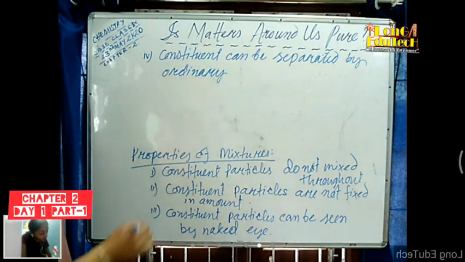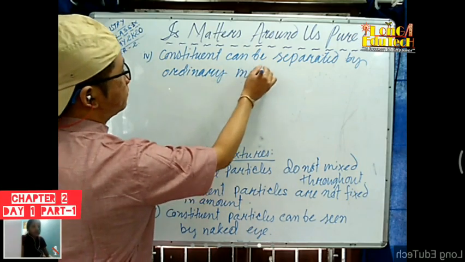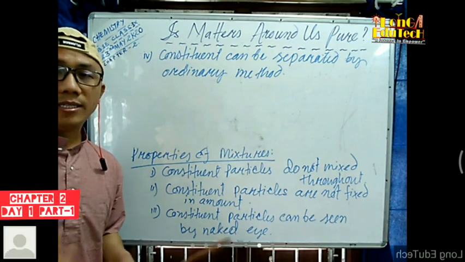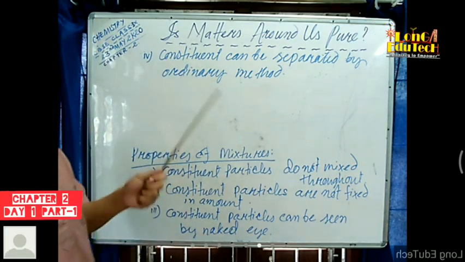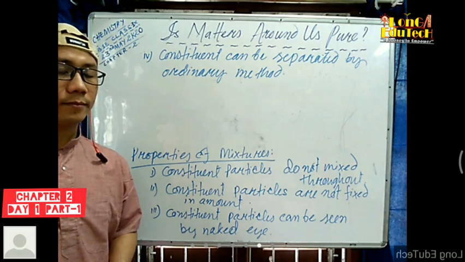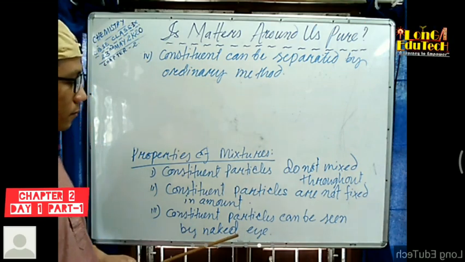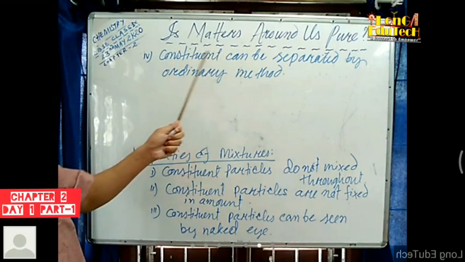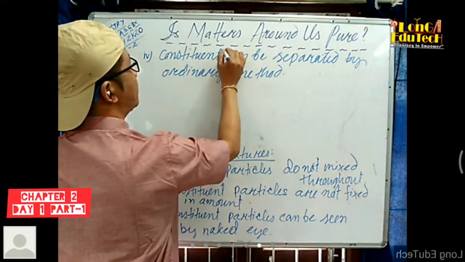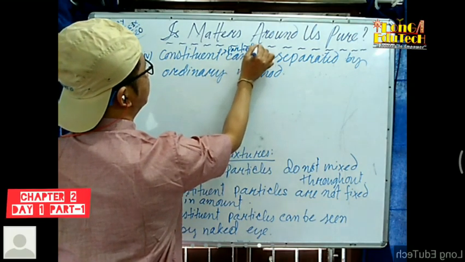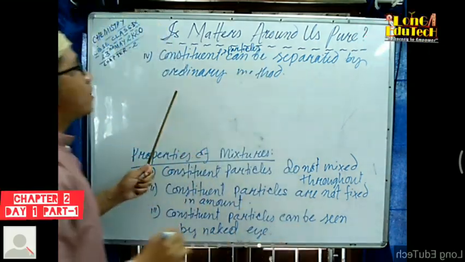Can be separated by the ordinary method, in the simple way. Simply we can separate the constituent particles. Oh sorry, I didn't mention particles, right? Thank you. Constituent particles can be separated by ordinary method.